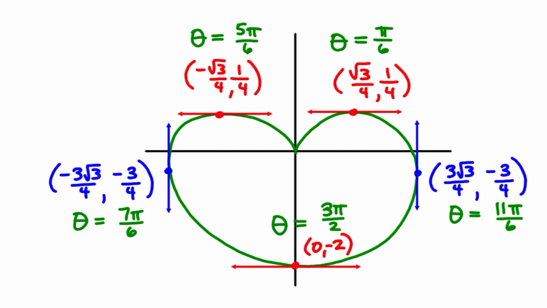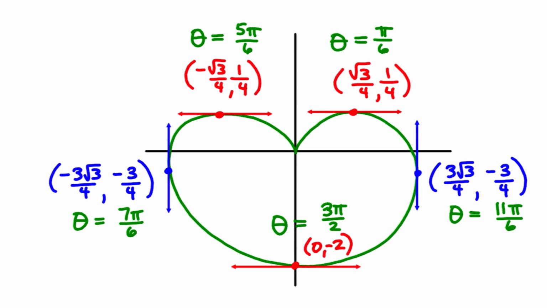Okay, I went ahead and graphed the shape, which actually looks like a large green unripened tomato or maybe a green heart. There's an official name for it later on in one of the subsequent slides. But you can see the 3 horizontal tangent points, 0, negative 2, plus or minus rad 3 over 4, comma 1/4.